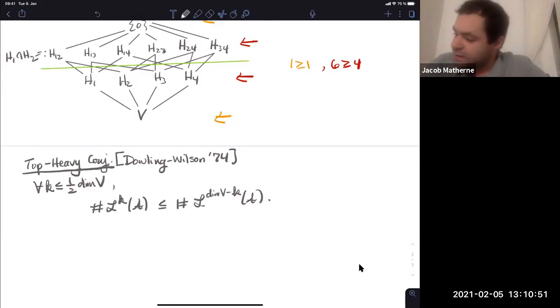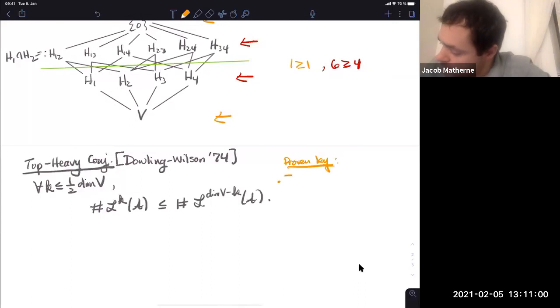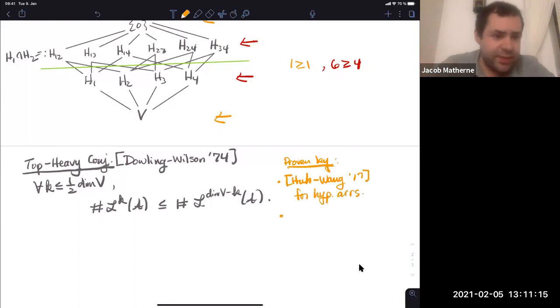So as I said at the beginning, this was proven 43 years after the conjecture was made by Huh and Botong Wang. That's in 2017, in the case of hyperplane arrangements, which is all I've talked about so far. But this conjecture makes sense for arbitrary matroids.